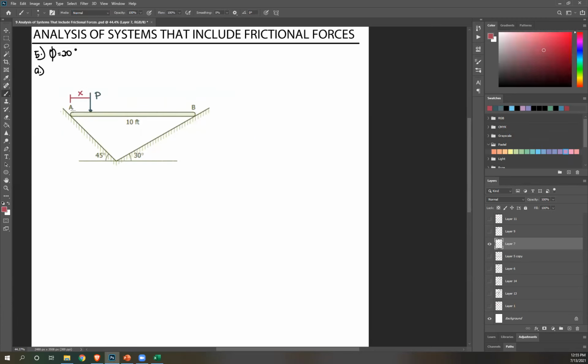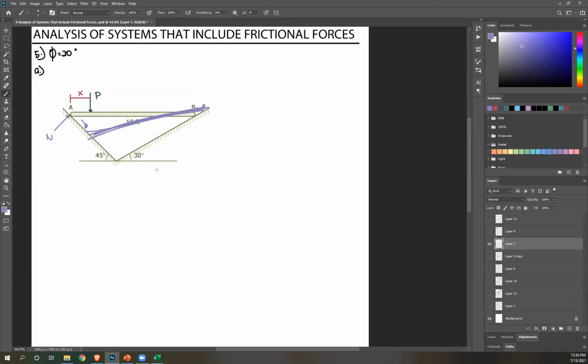So there's a reaction here, one that's perpendicular, and that's your normal force. And next is your friction. Now, if your force P is over here, the motion of your plank would be for this end to roll down and for this end to roll up. So the final position of your plank would be something like this, right?